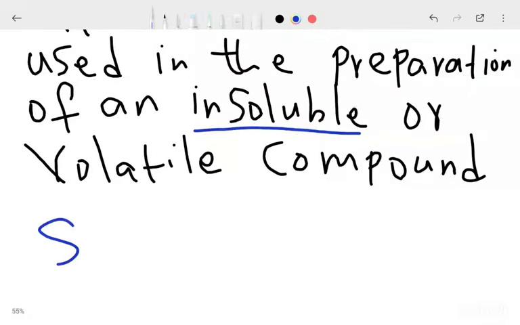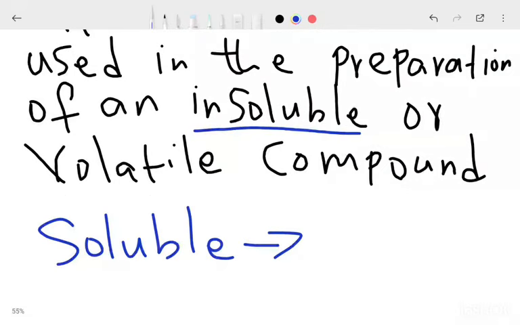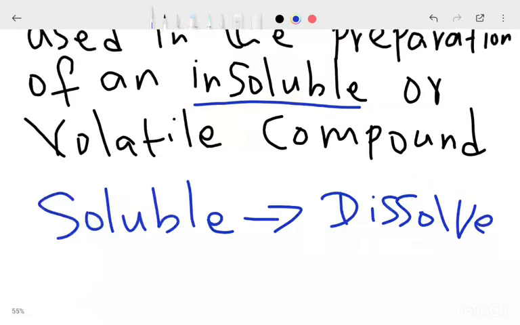Soluble means it can dissolve. But insoluble means cannot dissolve.